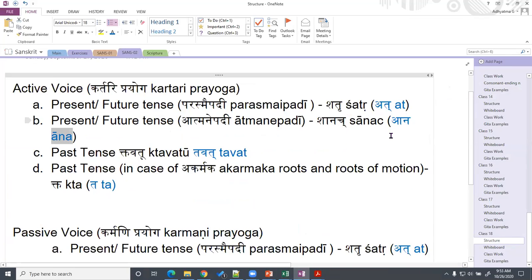Ana becomes mana for bases ending in akara. Because most of the verbal forms we are studying have the verbal base ending in akara, we use mana instead of ana. But the actual suffix is ana.